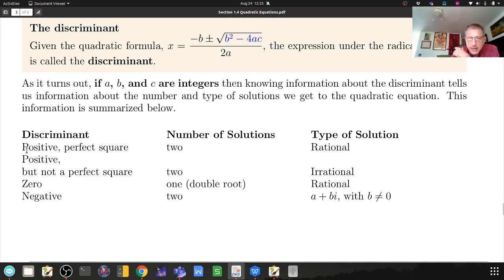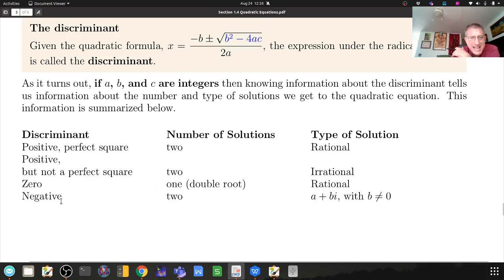If the discriminant is not a perfect square, then we have two solutions which are irrational numbers. If the discriminant is 0, then we have one solution, and it's called a double root, and it's rational.